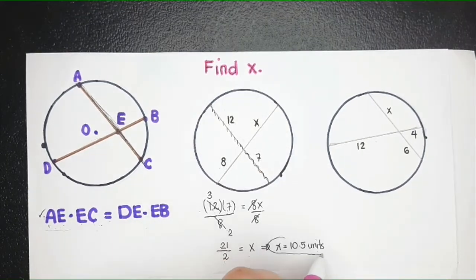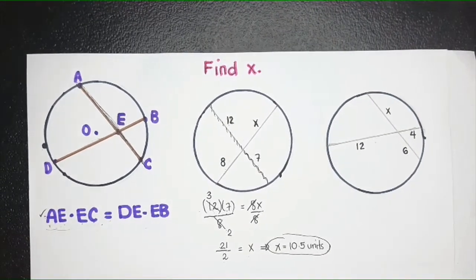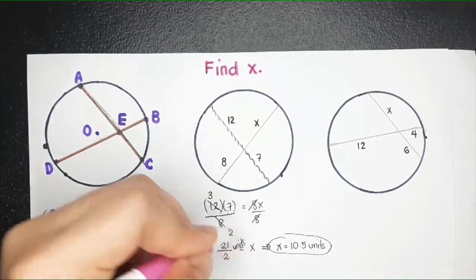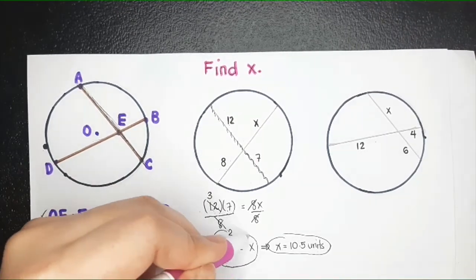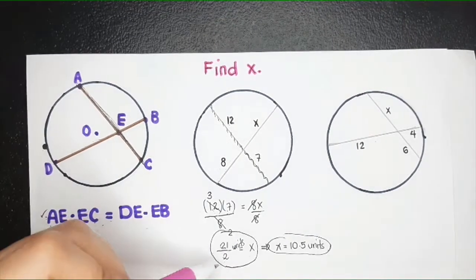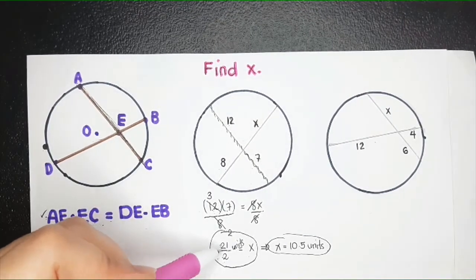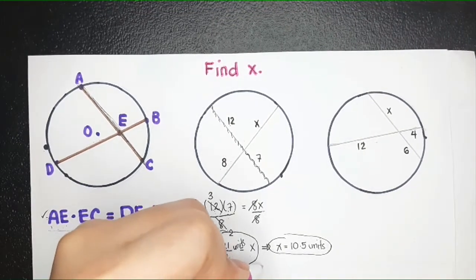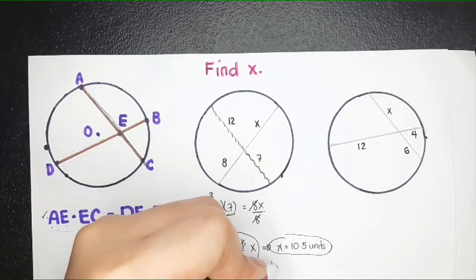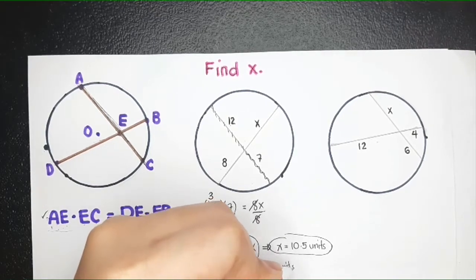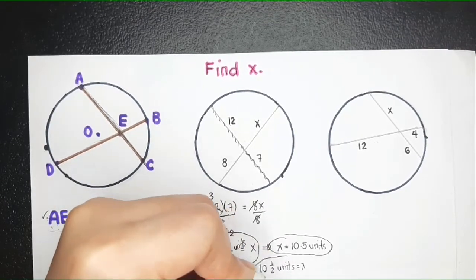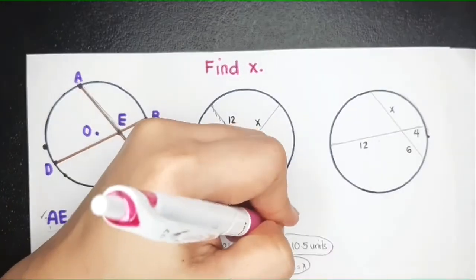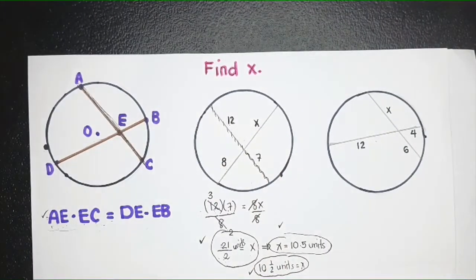It can be your answer, 10.5 units, or 21 over 2 units. Pwede rin to. Or pwede rin, as a mixed number, what is 21 divided by 2? Pwede ring 10 and 1/2 units. So, depende kung anong gusto ninyo. Kahit alin dyan, pare-pareho naman ang value nila.